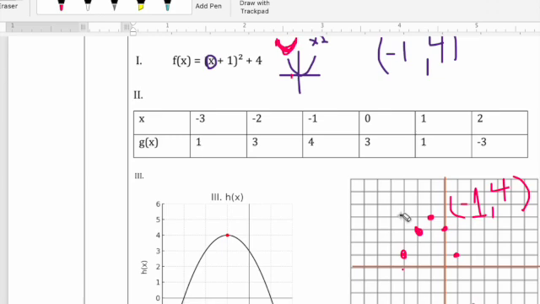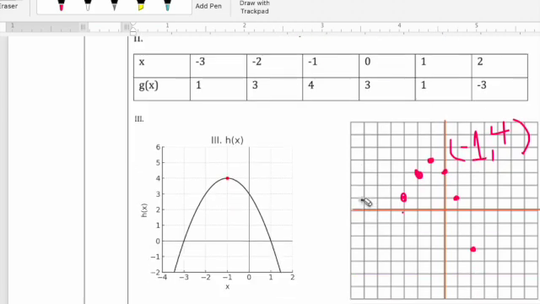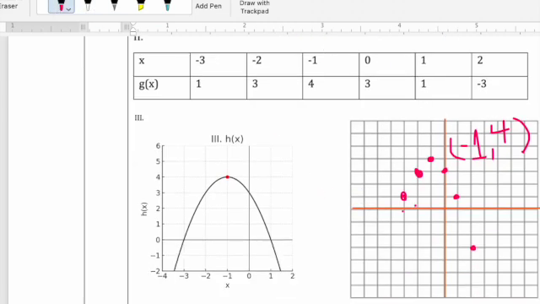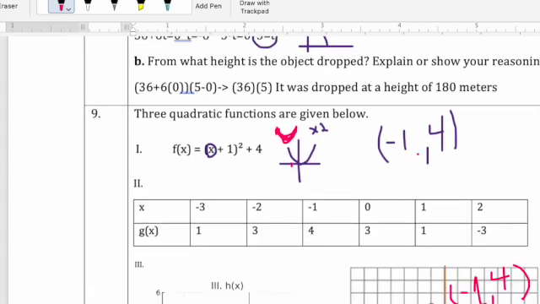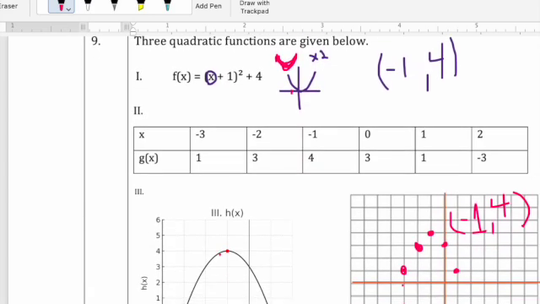Let me just double check. -2 is at 3. -1 is at 4. 0 is 3. 1 is at 1. And 2 is at -3. Okay, so these have equal vertexes. Let's take a look at the next one.